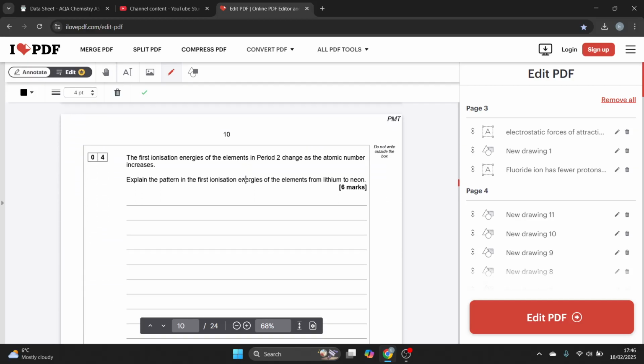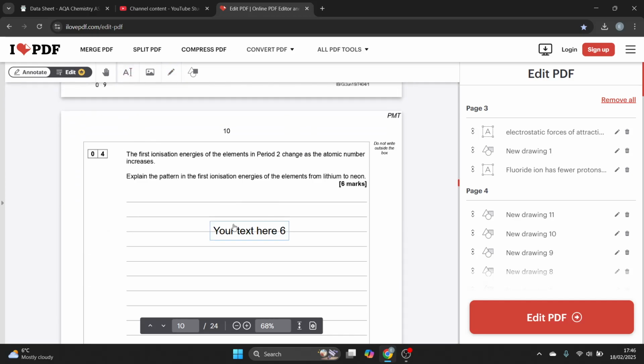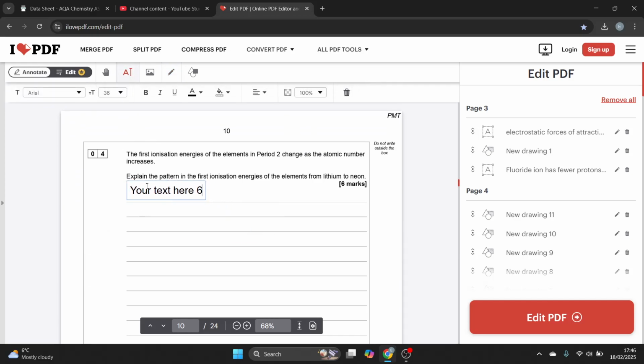Perfect. Question 4. Explain the pattern in the first ionization energies of the elements from lithium to neon. Stage 1, the general trend from lithium to neon, or Li to Ne.